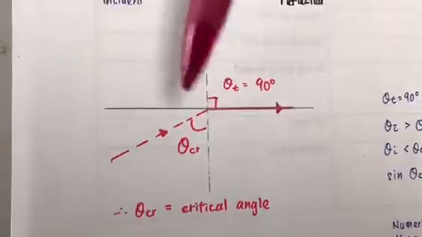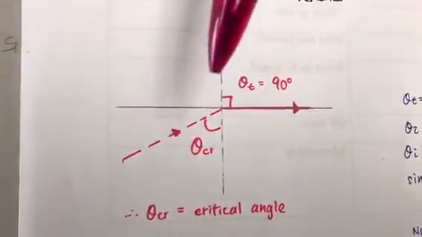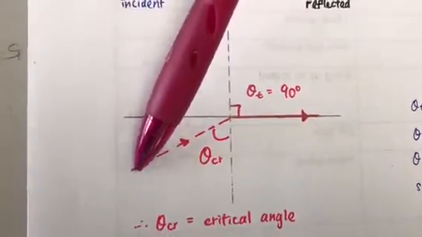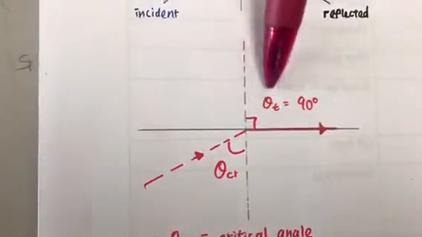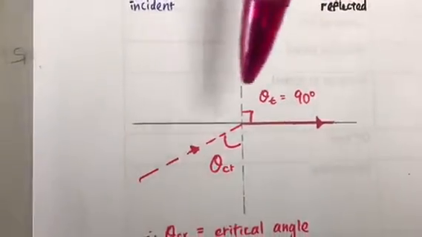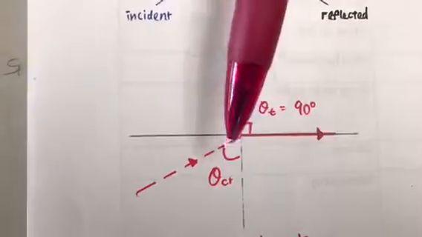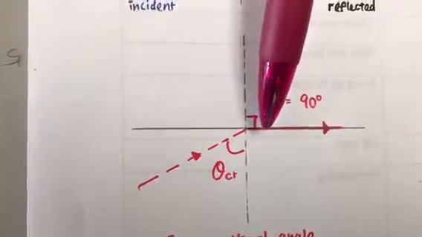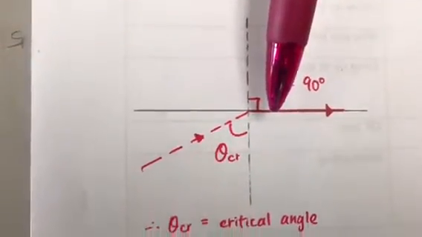As the incidence angle increases, it will increase until the critical angle, where the transmitted angle goes to 90 degrees. When the incidence angle is more than the critical angle, an effect called total internal reflection occurs.